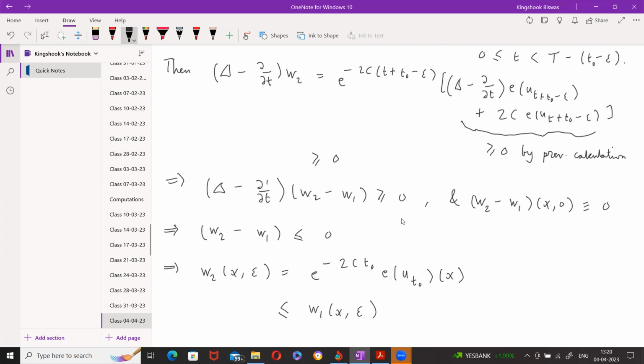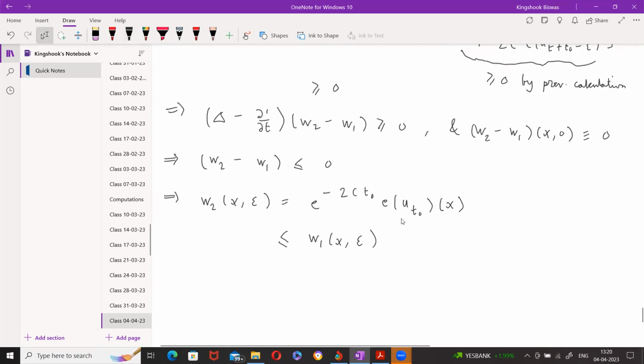and that is equal to the integral h x y epsilon e to the minus 2c t naught minus epsilon e of u t naught minus epsilon of y d vol y, right?